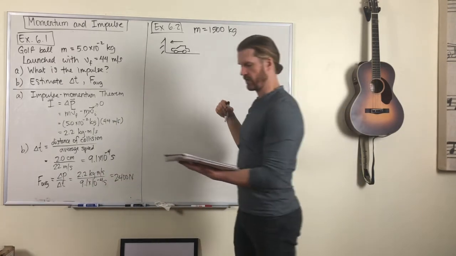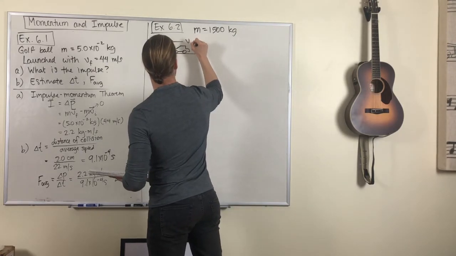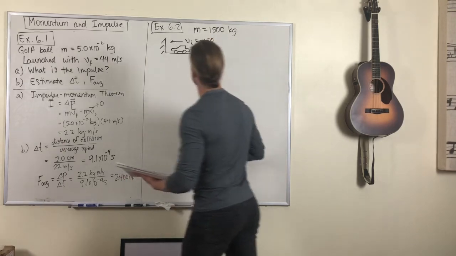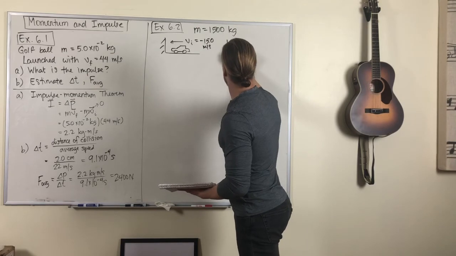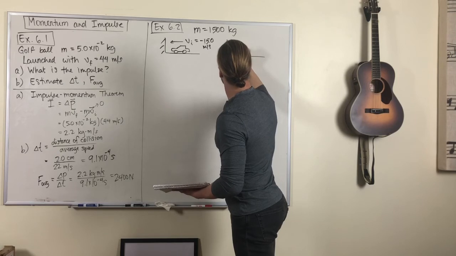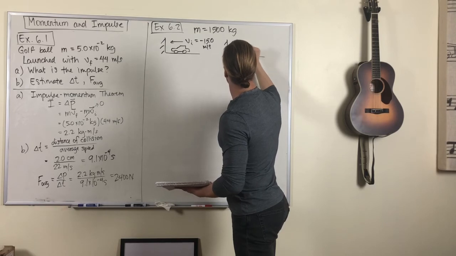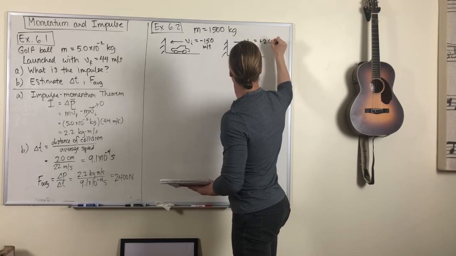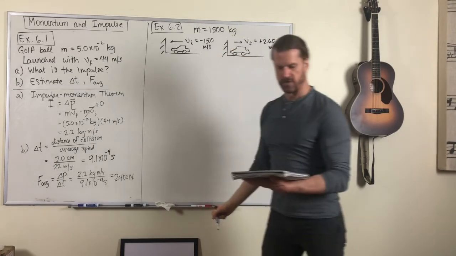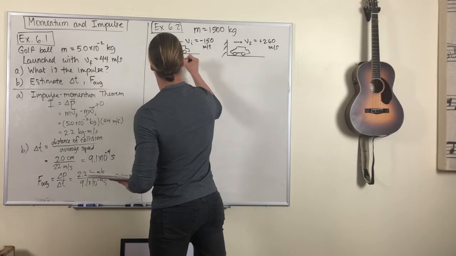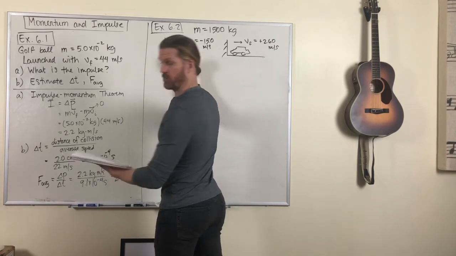Initially it's going to the left towards that wall at 15 meters per second. Then it smashes into the wall and rebounds a little bit. There's our smashed car. And it rebounds. V final is positive 2.6 meters per second. And we're told that this collision lasts for 0.15 seconds.